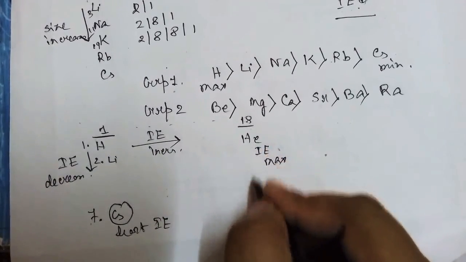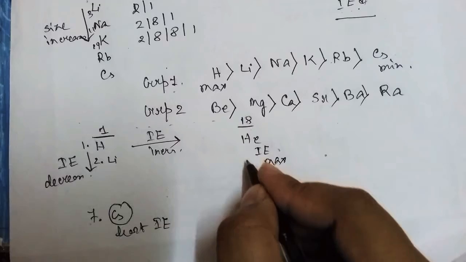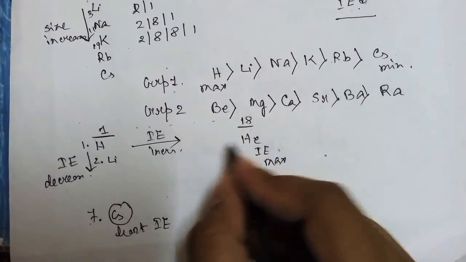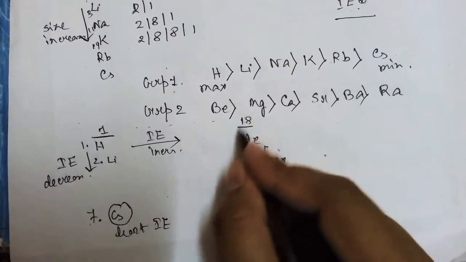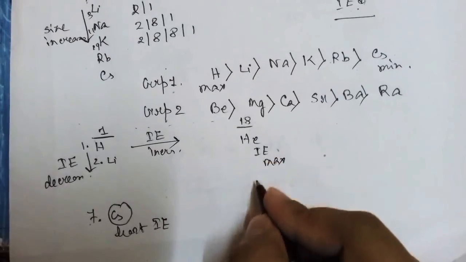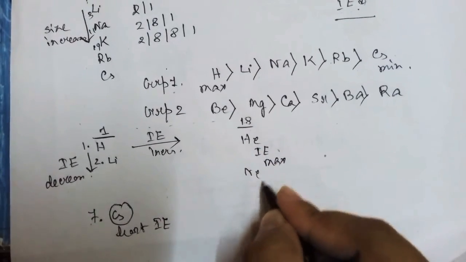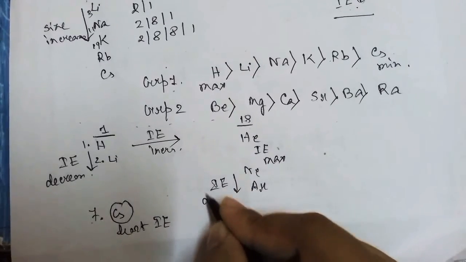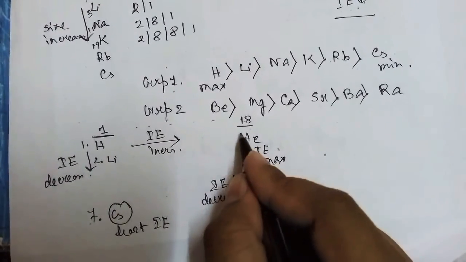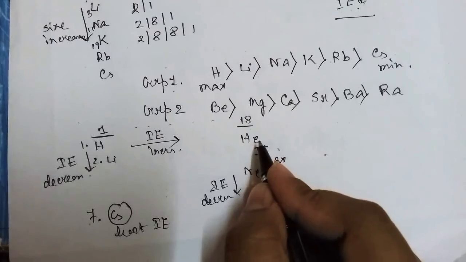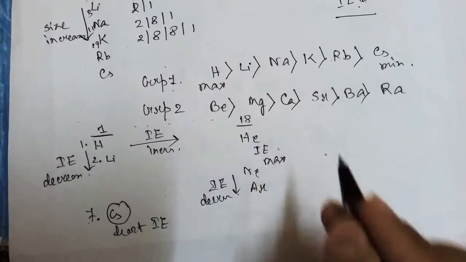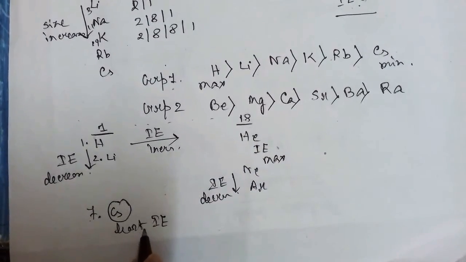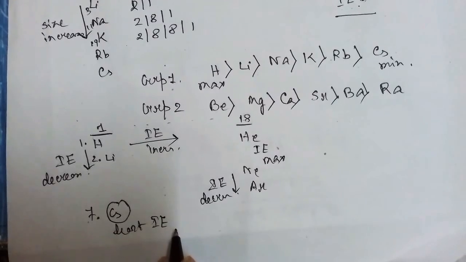And from helium down the group also ionization energy decreases, because helium is at the top of group 18, and down the group helium, neon, argon, here also ionization energy decreases, right? So helium is the element with the maximum ionization energy, whereas cesium is the element with the minimum ionization energy.